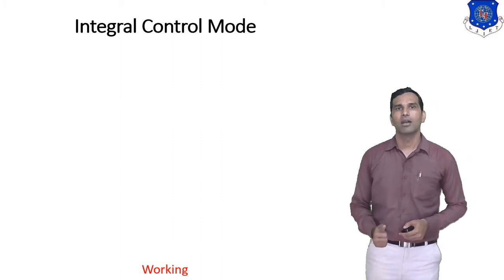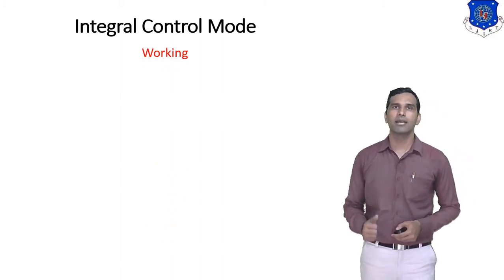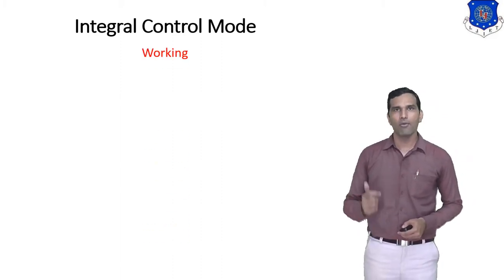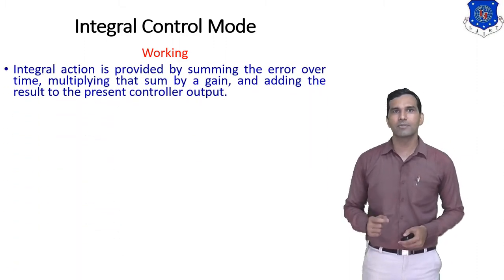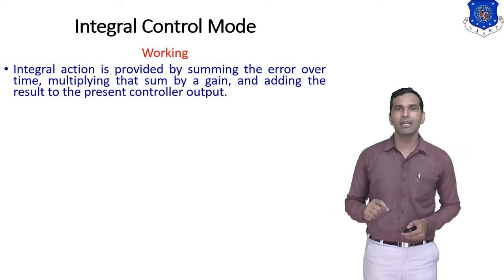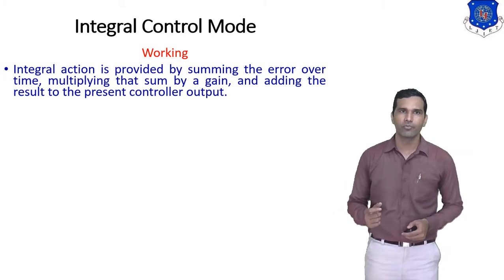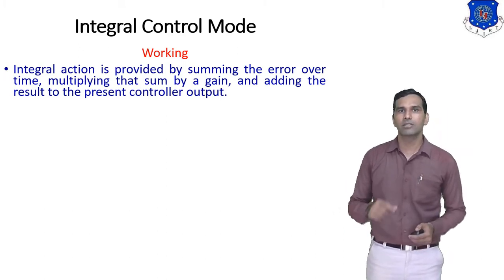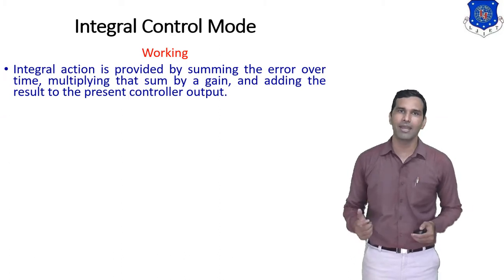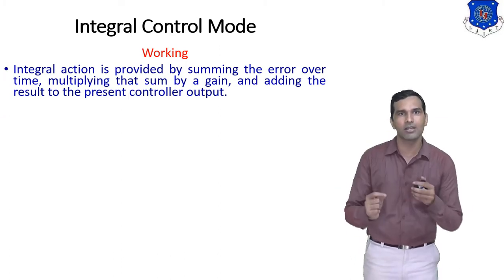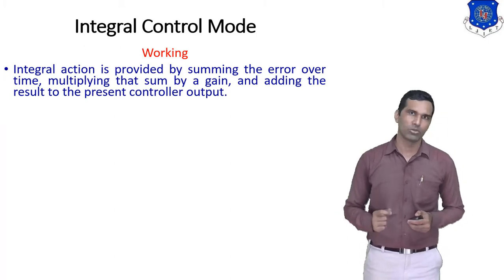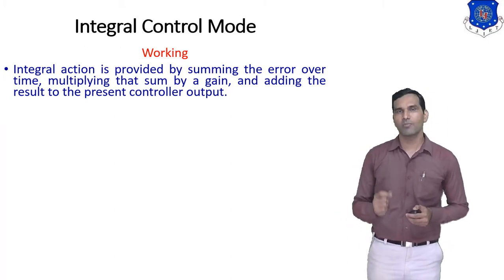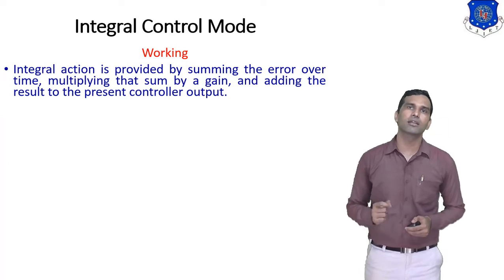Now we start the working of integral control mode. So how does it work? The integral action is provided by summing the error over time, multiplying that sum by a gain and adding the result to the present controller output. So this is the simple working of integral control mode.